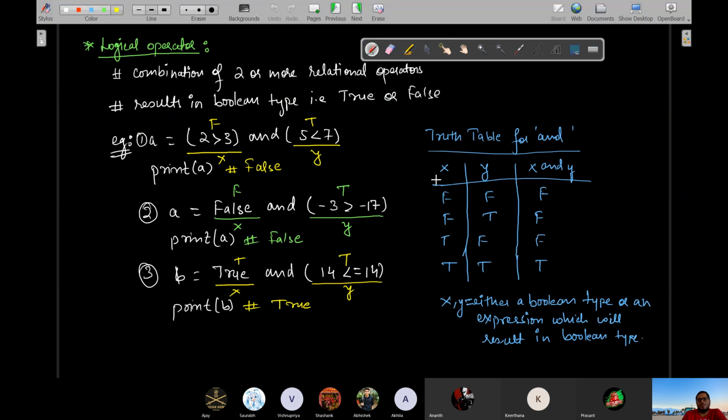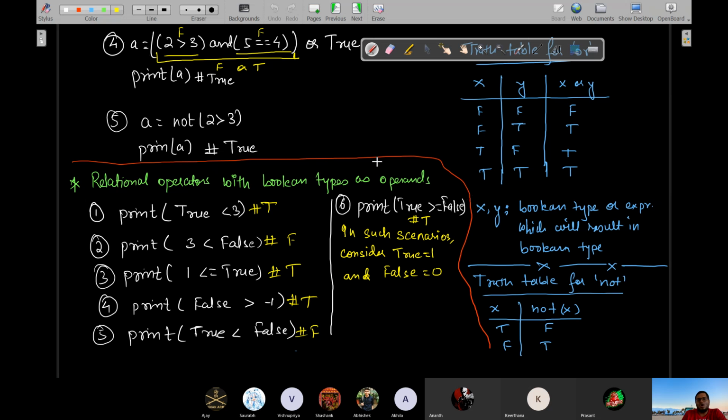Okay, truth table for and when both the operands x and y are either a boolean type or an expression which will result in boolean type. ठीक है, यहाँ पे mixture वगैरह का केस नहीं है. Then this is the truth table. Or के लिए this is the truth table and not के लिए this is the truth table.